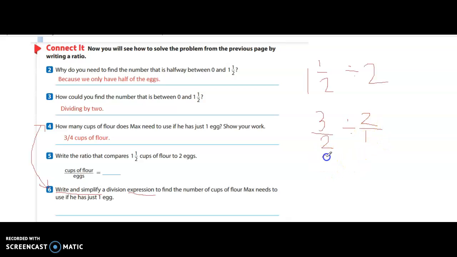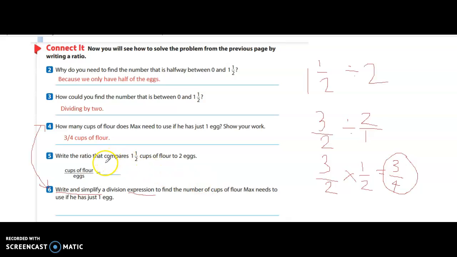And then we are going to keep, change, and flip to solve the problem. And when we do that, we get 3 times 1 is 3, and 2 times 2 is 4. So that is how we get the 3/4 of a cup. So we have half of the eggs, so we find half of the flour.